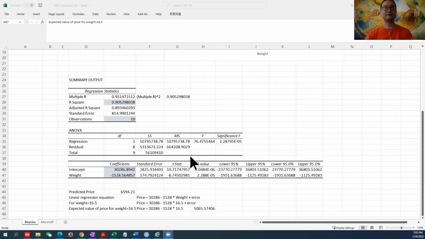This was problem 1 in homework 3, part C. We are here to find a good way to report the regression equation. Let me share my screen. All right, here we go.